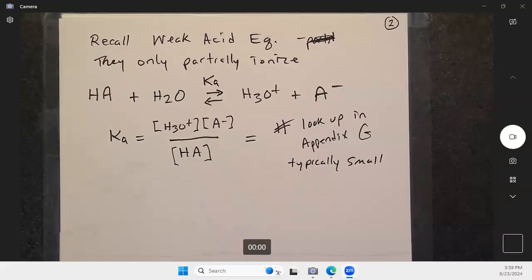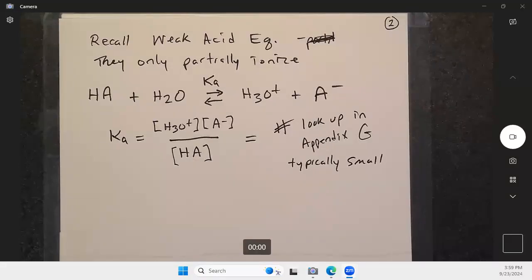So unlike when we talked about strong acids, when they ionize, where we say the strong acid Ka is infinite, that's not the case for these weak acids, right? Typically, only partially ionized, and typically a smaller amount than you might imagine, right?